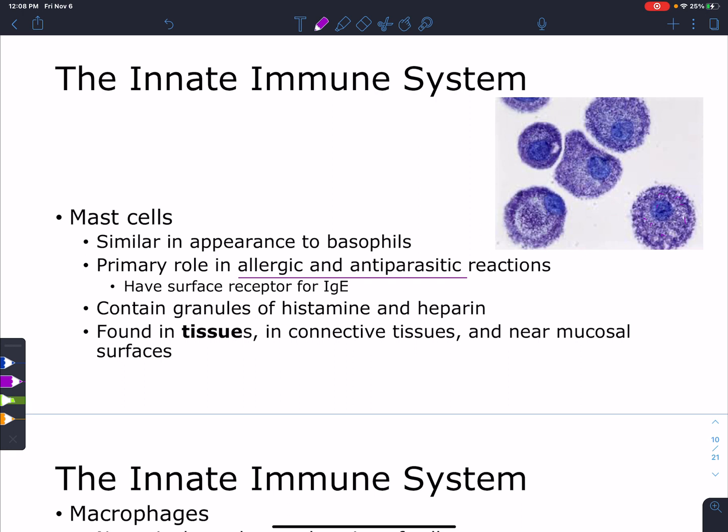They have a surface receptor for IgE. We'll talk about that a little more later when we get more into antibodies. Not as important right at this moment. But they contain granules of histamine and heparin. What I want you to remember with these mast cells, when you are suffering from allergies, what do you take?